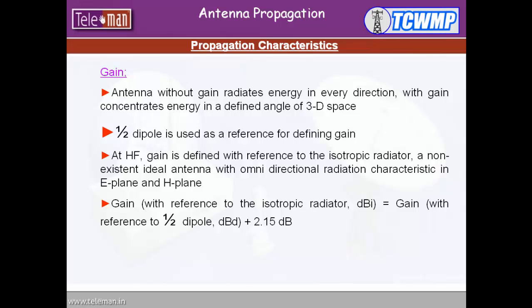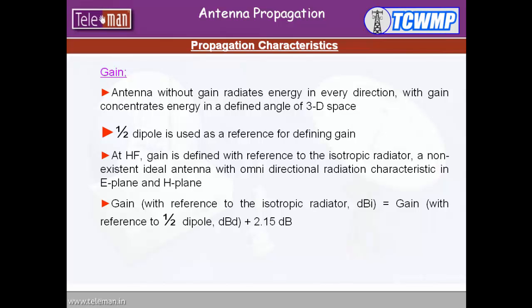We already discussed what gain means. An antenna without gain radiates energy in every direction, but with gain it concentrates energy in a defined angle of 3D space. Dipole is used as a reference for defining gain. So here, at the last point, you can see that we are always finding out the gain.